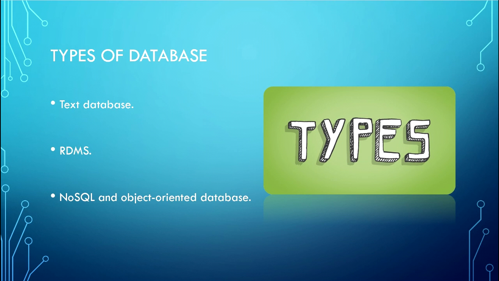Thirdly, the most innovative structure for storing data today are NoSQL and object-oriented database. These do not follow the table row column approach of relational database management system. Instead, they build bookshelves of elements and allow access per bookshelf.